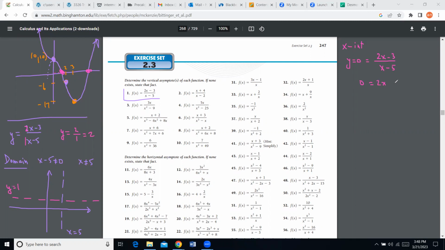The reason is that the denominator is never 0, because we just noticed that the denominator x minus 5 is not 0, so the numerator must be 0 in that case. So I can see that x has to be equal to 3/2. And this is the only point of intersection of my function with the x-axis, because it's called the x-axis intercept.